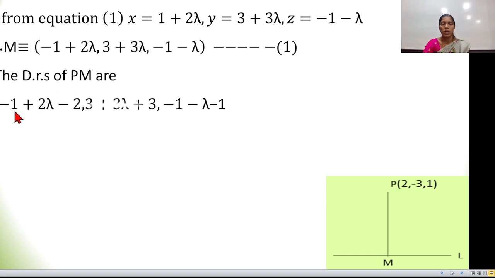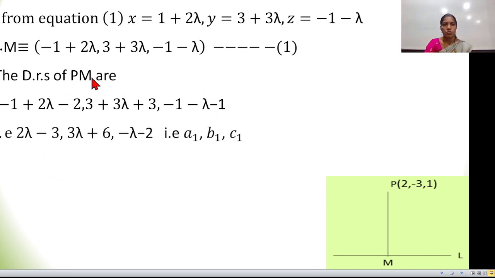So here we write x2 is here minus 1 plus 2 lambda, minus x1 is 2. y2 is 3 plus 3 lambda minus of minus 3, we get here plus 3. z2 minus z1, that is, sorry, z2 is here minus 1 minus lambda minus 1. So after simplifying this, we get the DRs of PM.